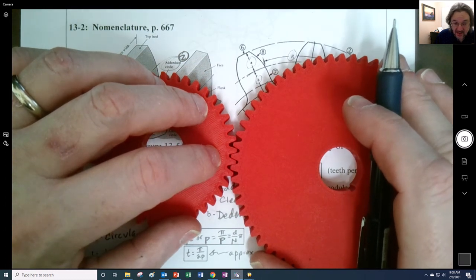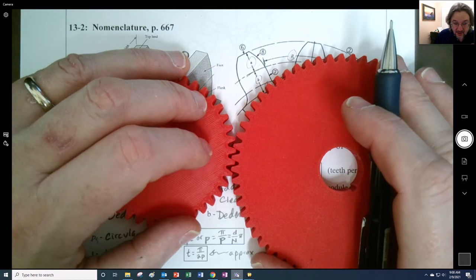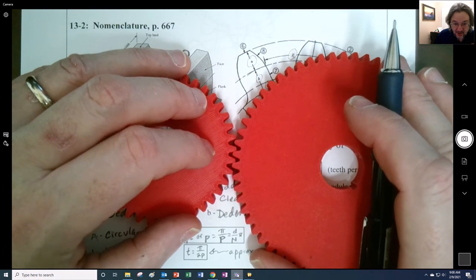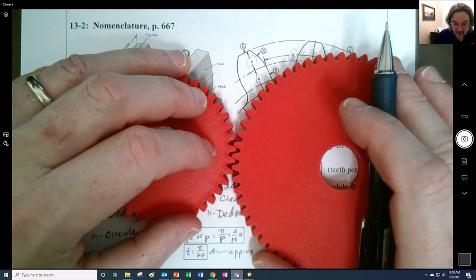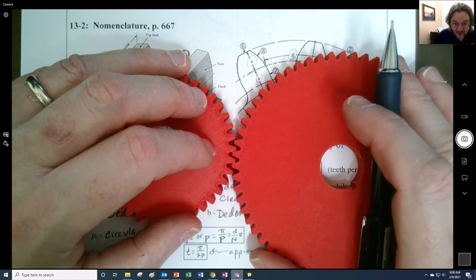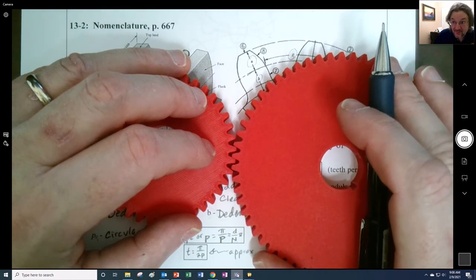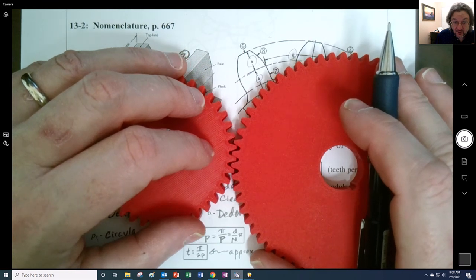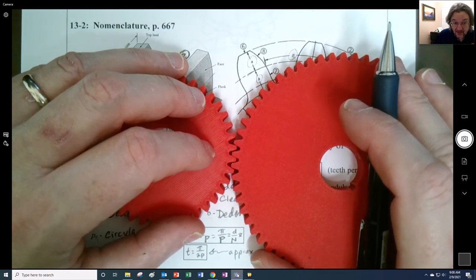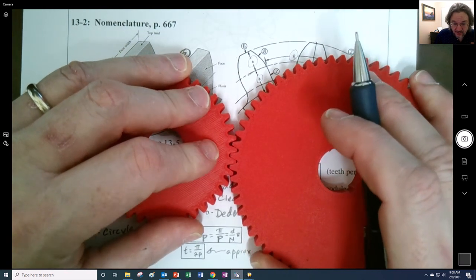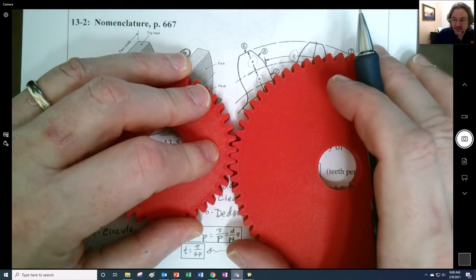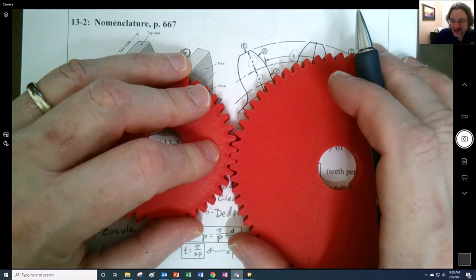There's something called backlash, which is when the gears are put into their centers, if you hold one steady and you rotate the other, you will have this thing called backlash, and it's a good thing to have so they don't get stuck together, right? If you really cram the two things together, there's no backlash to it. They could kind of bind.